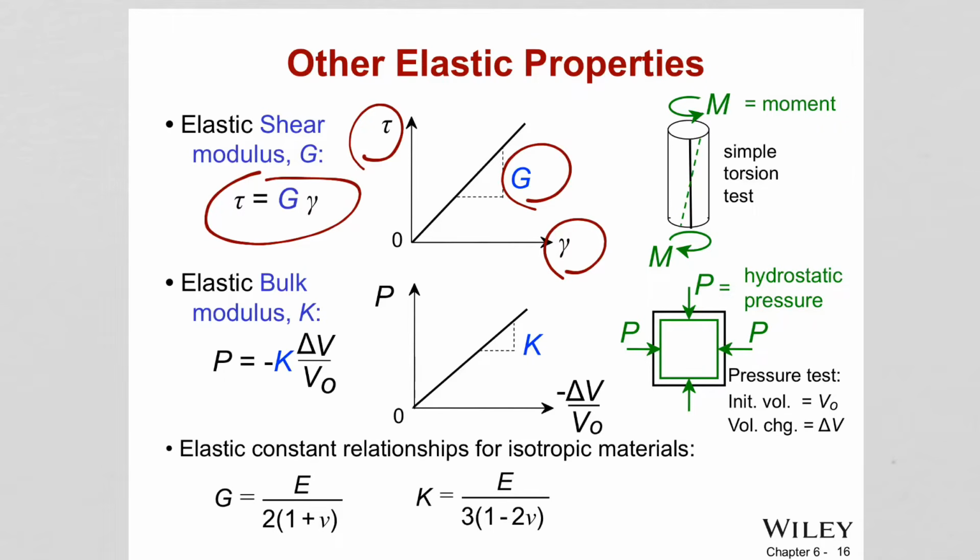It is under compression, P is the applied stress, and the strain is the overall volume change, delta V over V naught, the change in the volume over the original volume. If you record this change for a part under hydrostatic pressure, the slope gives you K, the bulk modulus.